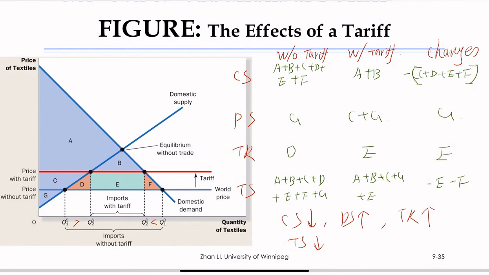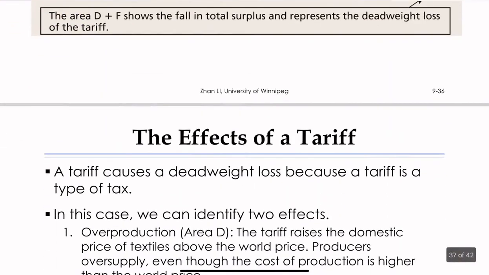Producers, and in some sense, the government, right? Who are the losers from a tariff? Consumers, right? And the important thing is the total surplus decreases because of the tariff. So what does this mean? It means that the gain from winners is actually smaller compared with the loss from losers, right? Okay.